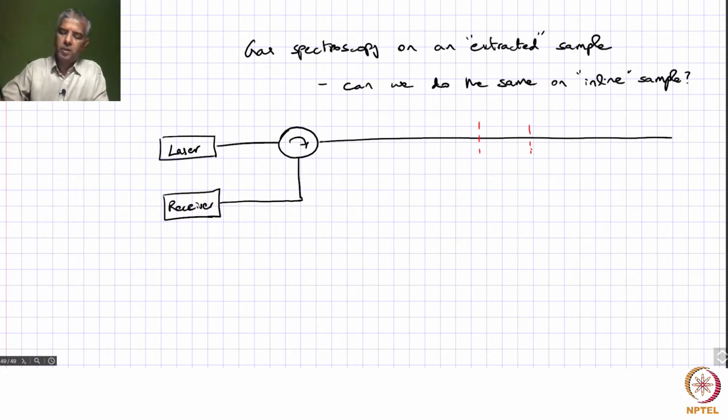Now, normally when we talk about optical fiber, we talk about a fiber with a core and a cladding, and the core has a higher refractive index than the cladding.